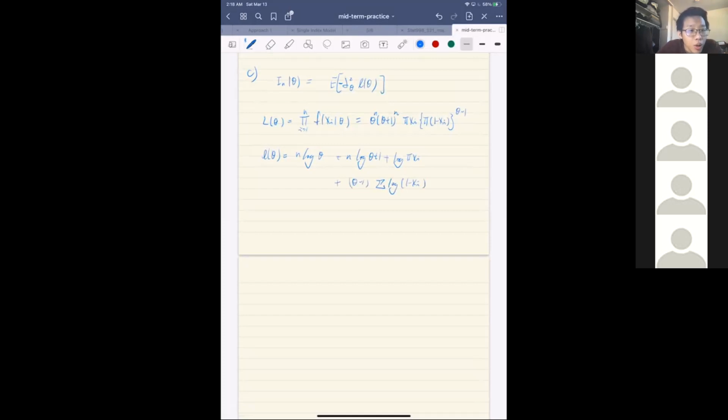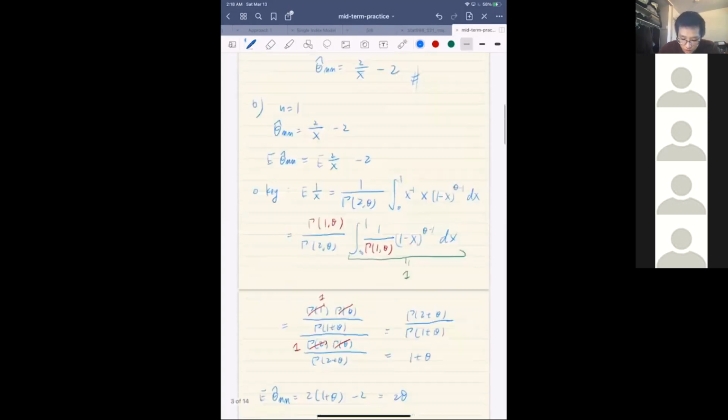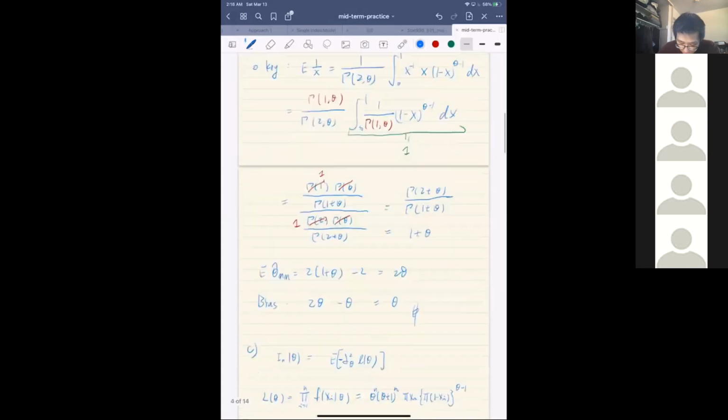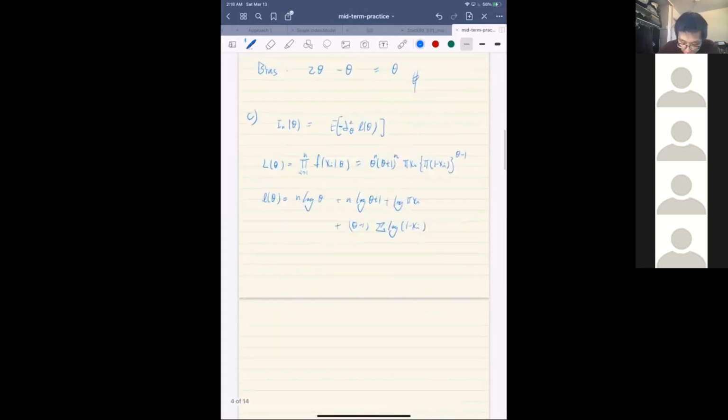To use this, we need to show the beta is an exponential family. Yes, the exponential family is a sufficient condition for that. Thank you, Albert.